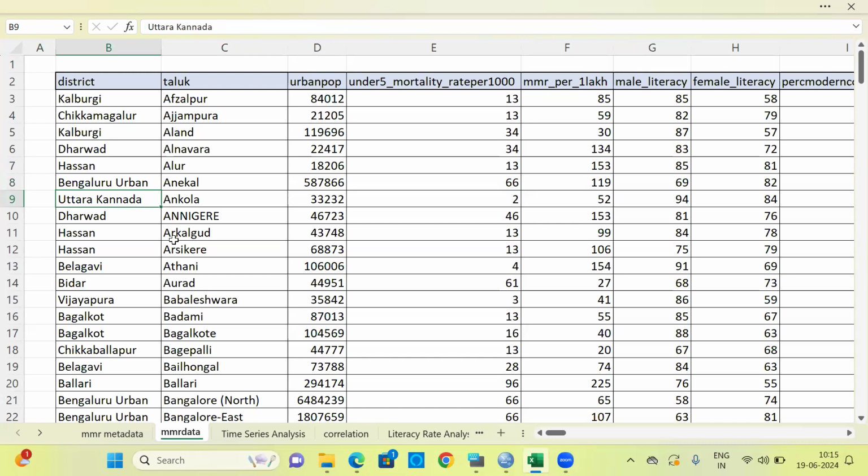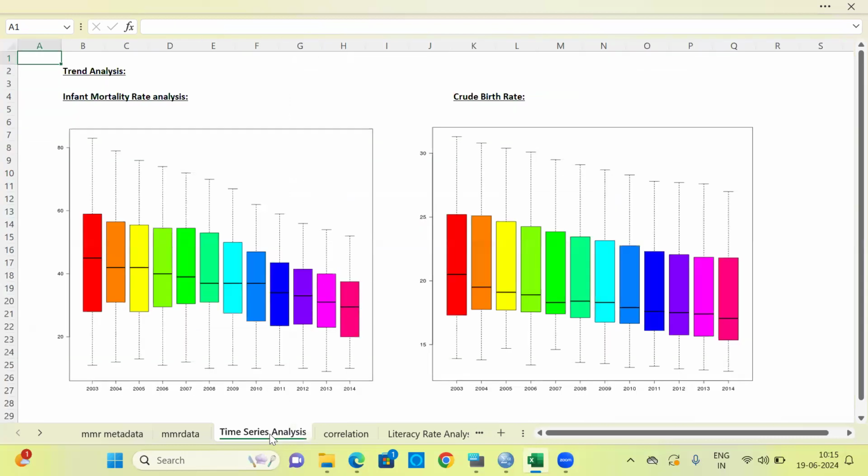The first thing that I've done is to perform time series analysis. Let me show you some of the interesting results that I've obtained. As you can see here, the first of the charts is for infant mortality rate analysis.